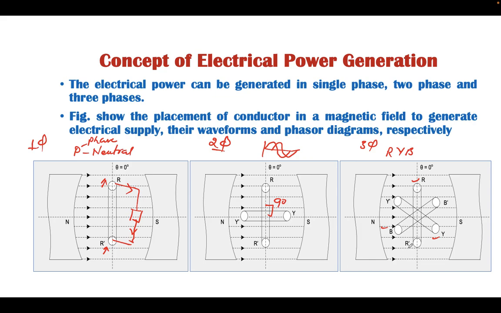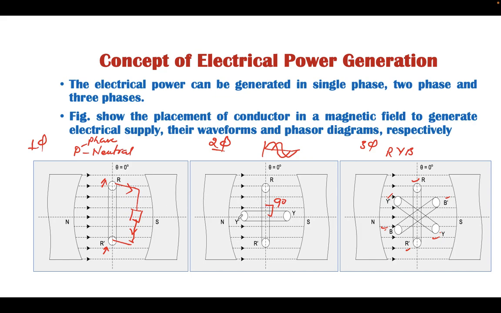These have return paths: the return path of R is R dash, of B is B dash, and of Y is Y dash. Now, since we have only one conductor in a single-phase system, there is no concept of phase lead, lag or sequence.